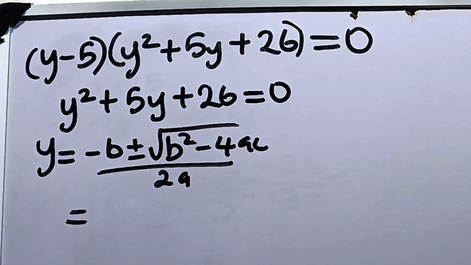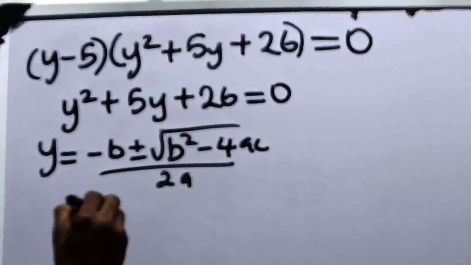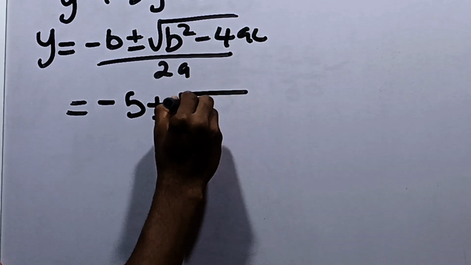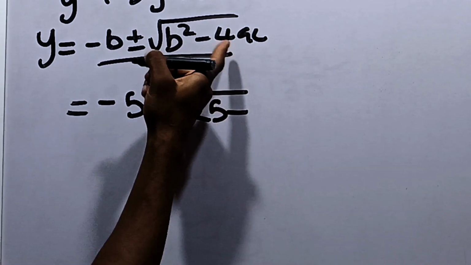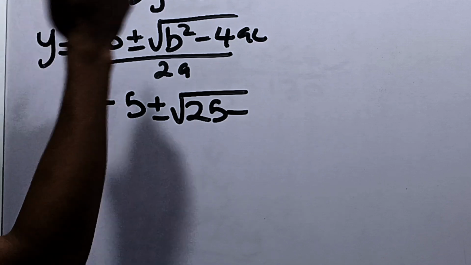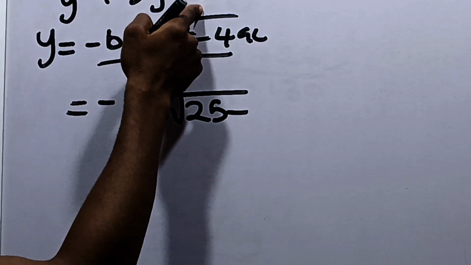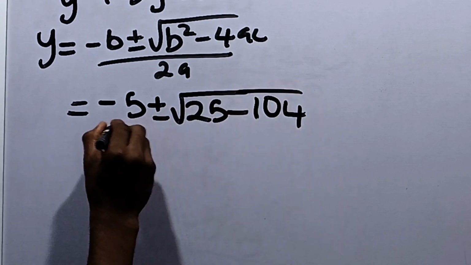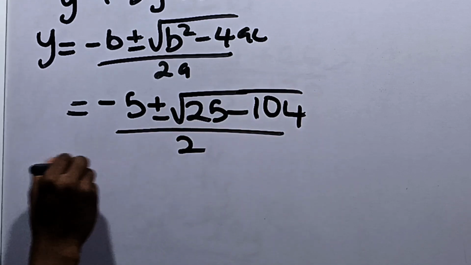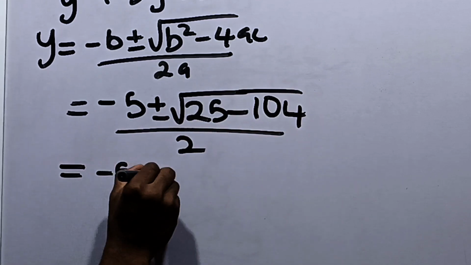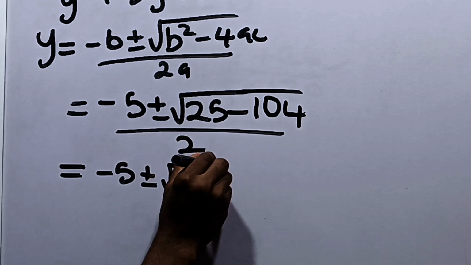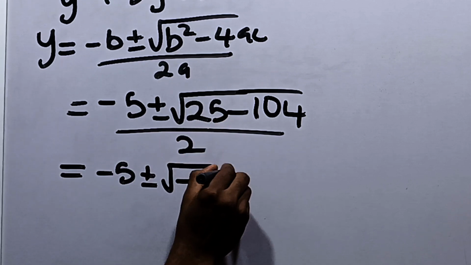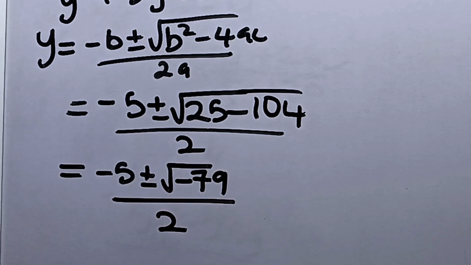Now, moving on, we have minus 5 plus or minus the square root of 5 squared, which is 25, minus 4 times 1 times 26, which is 104, all over 2 times 1, which is 2. This is now equal to minus 5 plus or minus the root of 25 minus 104, which is minus 79, all over 2. Okay?